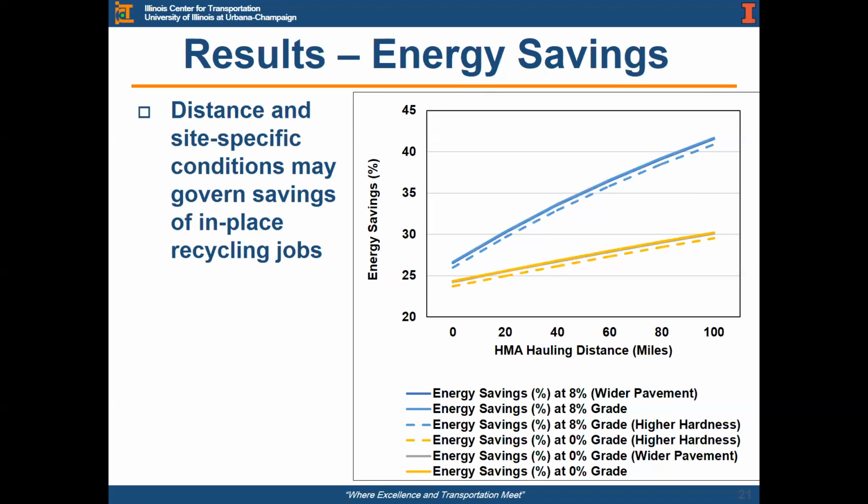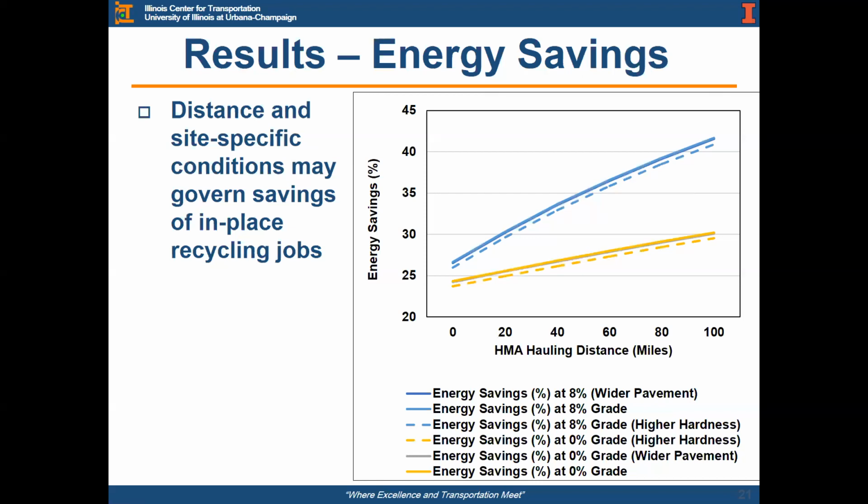And also from another aspect, if we look at the hardness of the pavement, we developed a fuel use model that accounts for hardness. And if we make the pavement harder, we can see that there is a drop of 3% of the energy savings of CIR versus mill and fill.